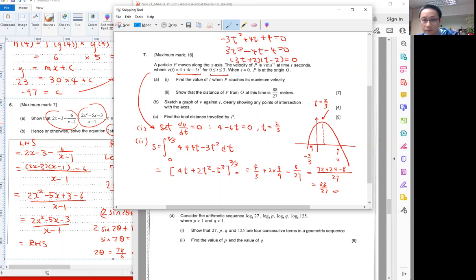I think I have already done most of that, except that I need to mark the y-intercept, which is 4, and I also need to drop the negative section. It's not really part of the domain. I guess I can add a dotted line just to show what the full parabola will look like.